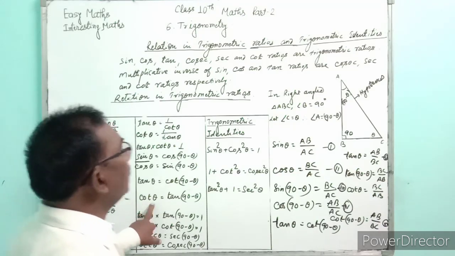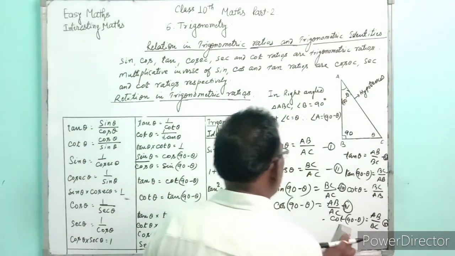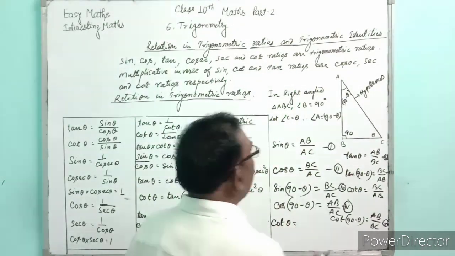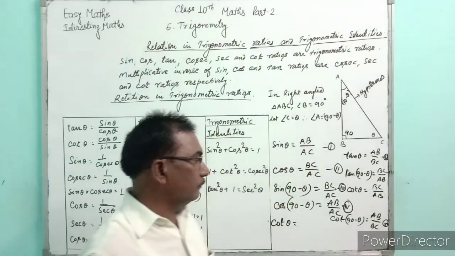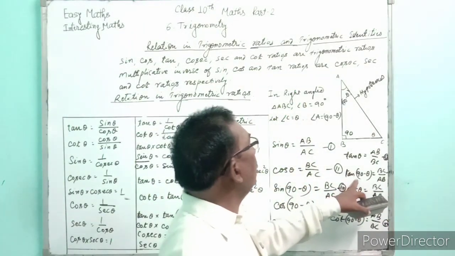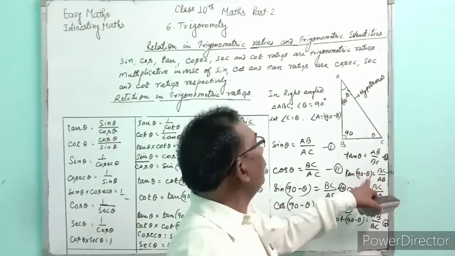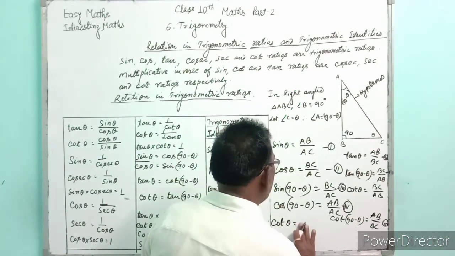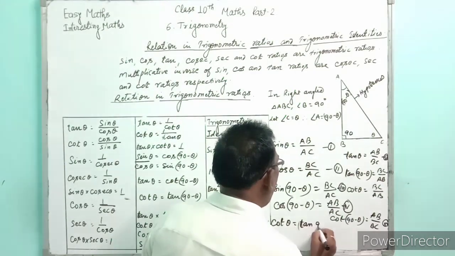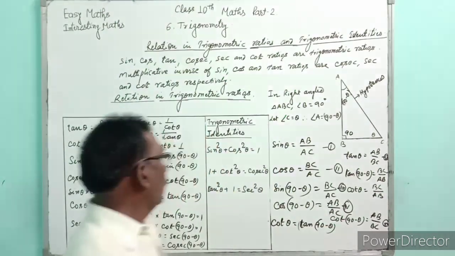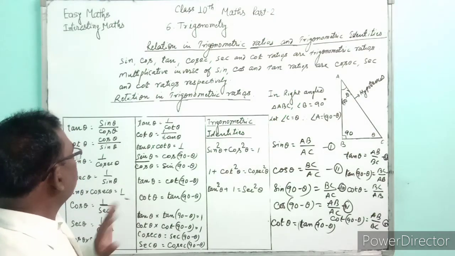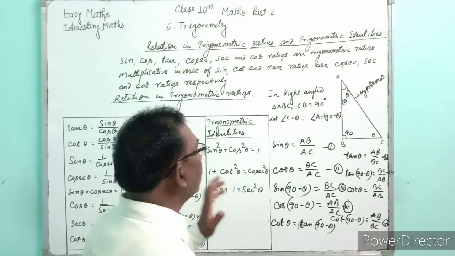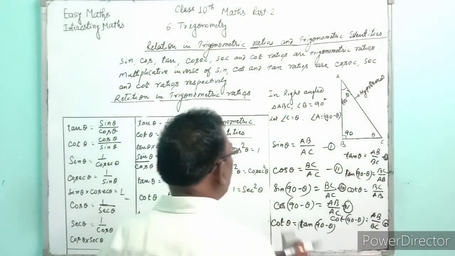Similarly, cot theta is equal to BC by AB, and tan 90 minus theta is equal to BC by AB. Therefore cot theta is equal to tan 90 minus theta. Okay. Now tan theta into tan 90 minus theta is equal to 1.